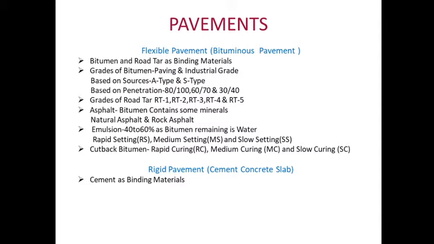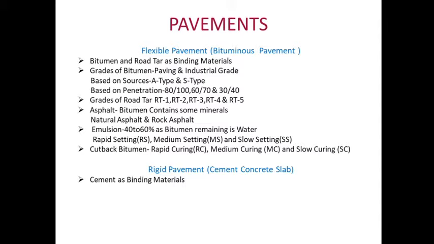Road tar can be classified as RT1, RT2, RT3, RT4, and RT5. Like that, we have asphalt bitumen. Bitumen that contains some mineral is called asphalt. Asphalt can be classified as natural asphalt and rock asphalt.